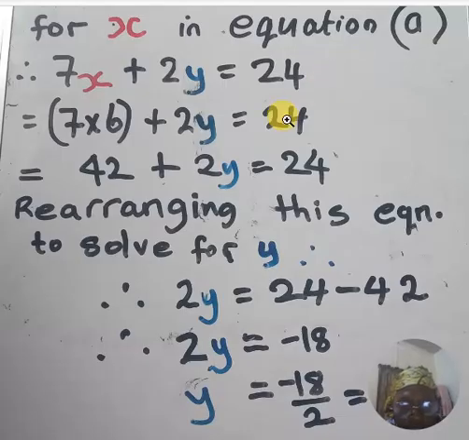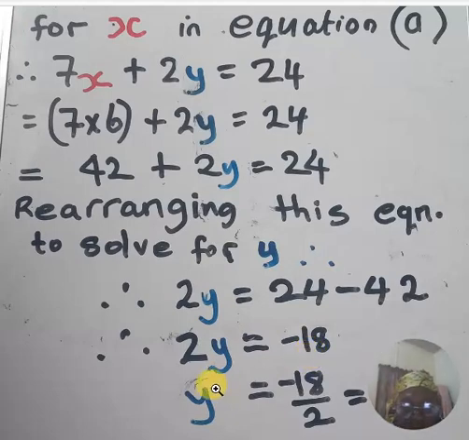Now we want to leave y alone. So this 2, when we take it to the other side, it becomes a denominator. If it's multiplication, it will come to the bottom. Or likewise, we can divide through by 2. We divide this side by 2, and divide this side by 2, because any manipulation you do, you must do to both sides.